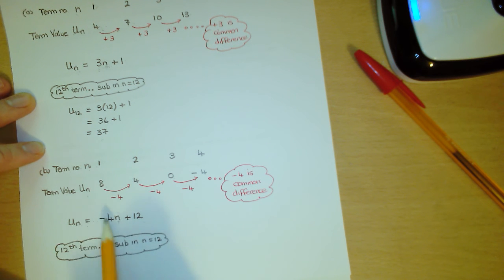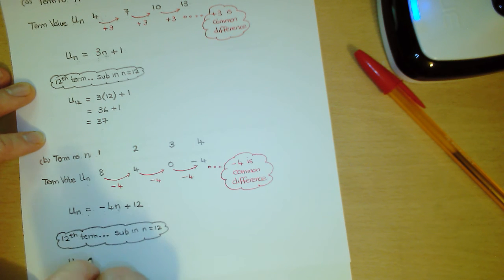So go to your nth term formula and replace everywhere you see n with 12. So we're going to have u with a little subscript of 12, that means the 12th term. And then that's equal to minus 4, and then replace n with 12. Put it in brackets because we're subbing a number in that has a coefficient, and then add on 12.